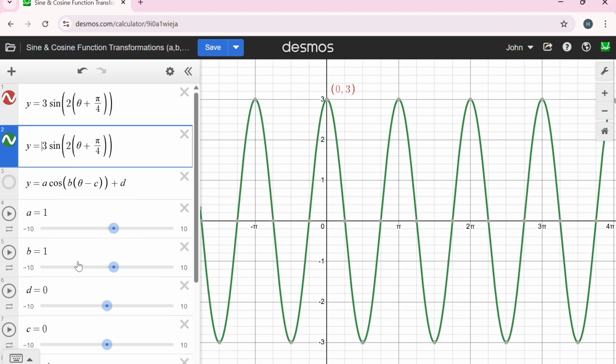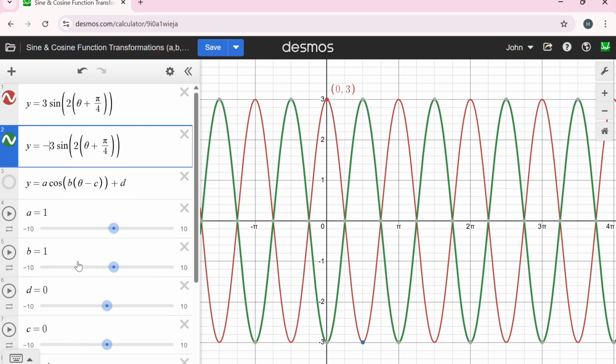If I make a less than 0 right there, well, now it's out of phase by what? By 1/2 of the period, right? The period is pi.